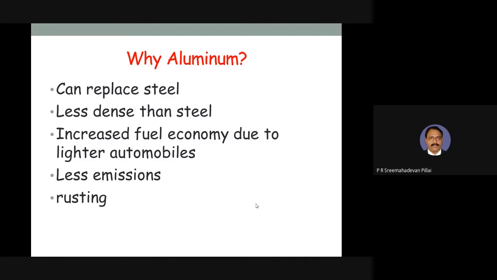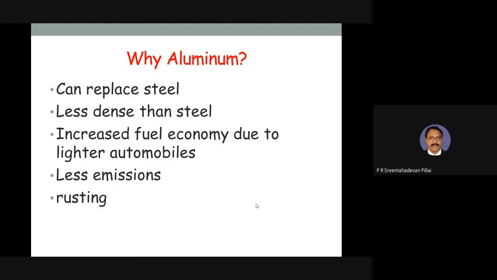So an Indalium alloy is getting hot quickly. So that means energy saving is there. Then they have got less emissions compared to many other metals. And they don't get oxidized immediately. Oxidized means rusting. Iron may get oxidized. You would have seen that if you used to have a China tray, what is that called? China chatti.